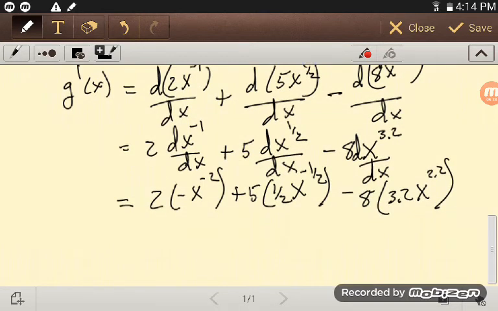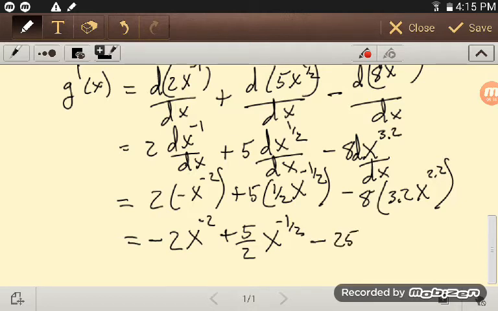And so finally, putting that all together, I get minus 2x to the negative 2 plus 5/2 x to the negative 1/2, and then whatever that is, minus 24 plus 1.6, so 25.6 x to the 2.2. And there we go. And that is the sum and difference rules.